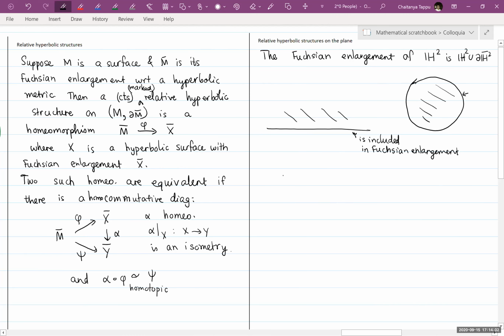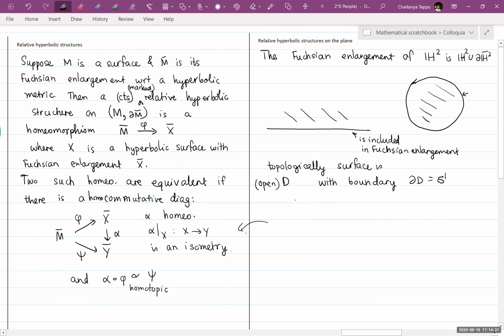Okay, so what does this say? If you look closely at this definition, we are thinking about the topological type of our surface as the open disk D with boundary, the boundary of D is just the circle.